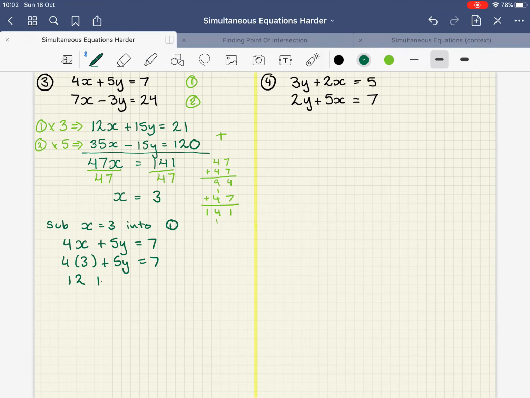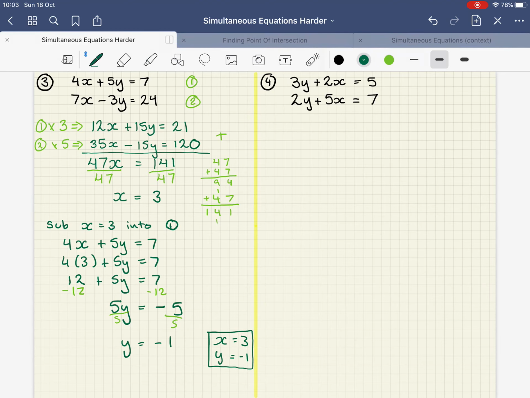So that's 12 plus 5y equals 7. Take away the 12 from both sides. So that's going to be 5y equals negative 5. And then divide by 5 on both sides. That gives me y equals negative 1. So just reiterating that, x equals 3, y equals negative 1.